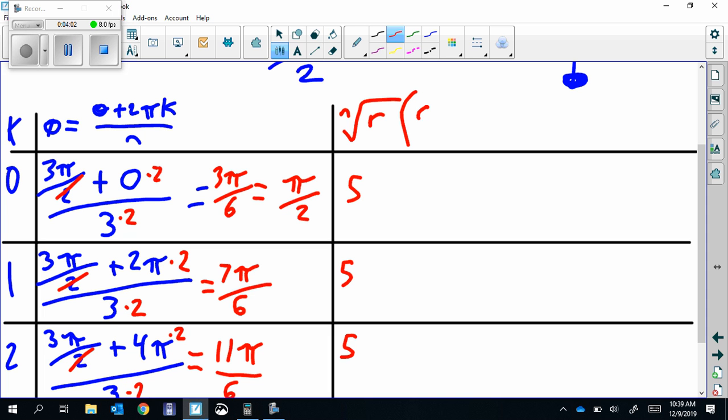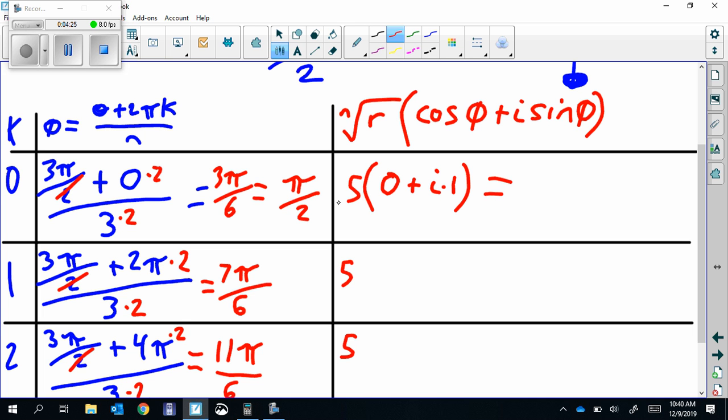And you just do times cosine and sine. So cosine pi over 2, that's 0, plus i times sine pi over 2 is 1. So distribute your 5 now, multiply out your 5, you get 5i.